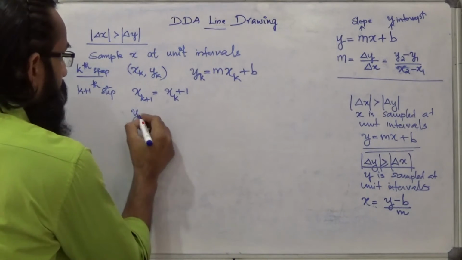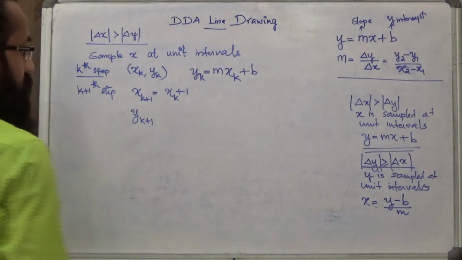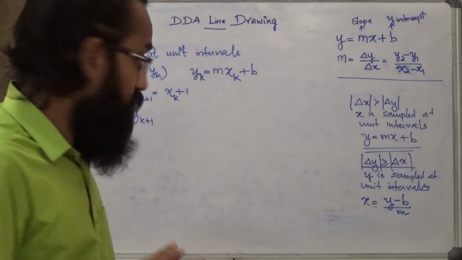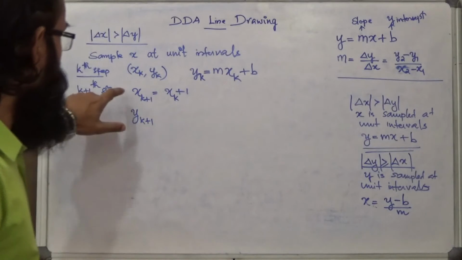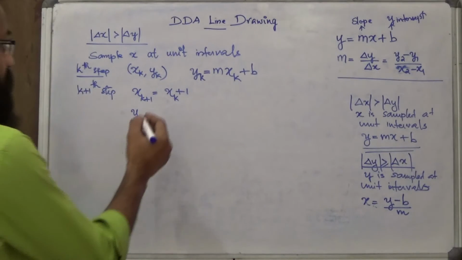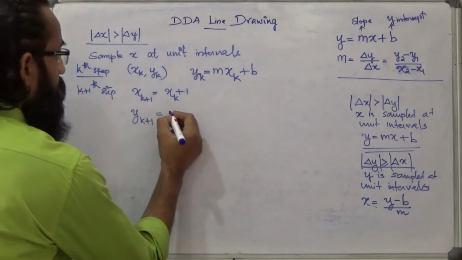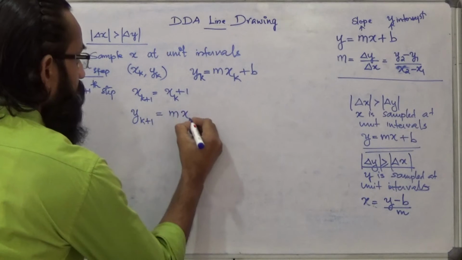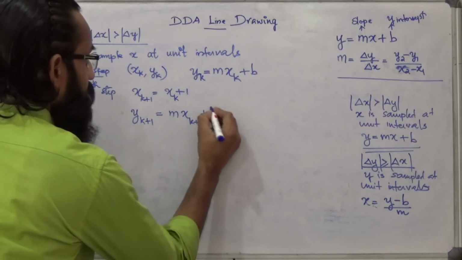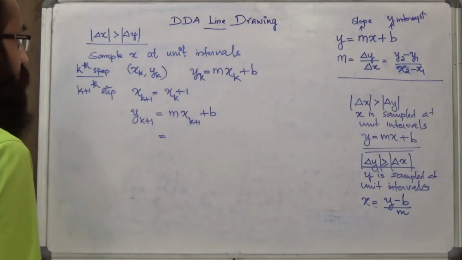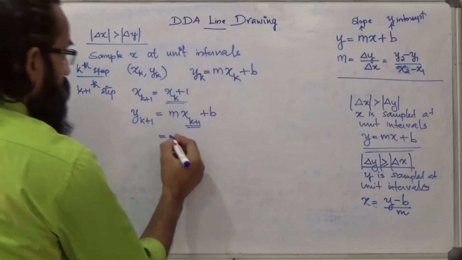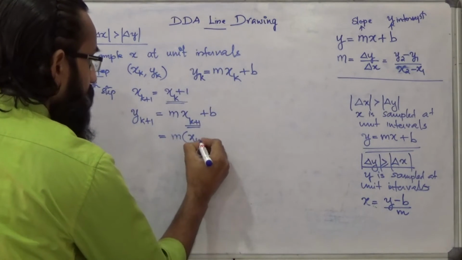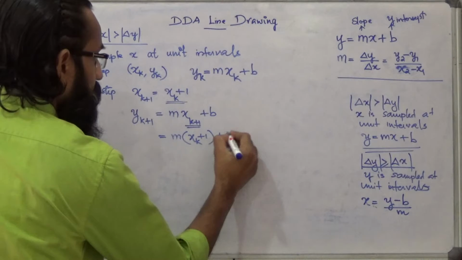Now how will you compute yk plus 1? That is the y value associated with this particular x value. So yk plus 1 will be equal to m into xk plus 1 plus b.